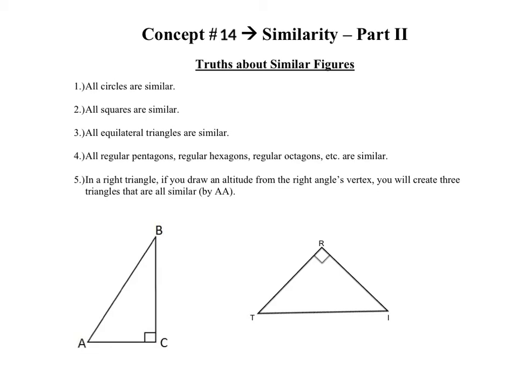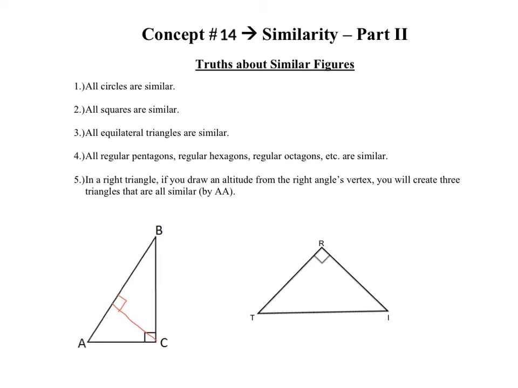Okay, this fifth one gets a little bit more specific. In a right triangle, if you draw an altitude from the right angle's vertex, so let's say we go from this angle here, and we draw an altitude, that means it's going to be perpendicular to the opposite side. When you do that, do you see how there's two triangles that are now created?